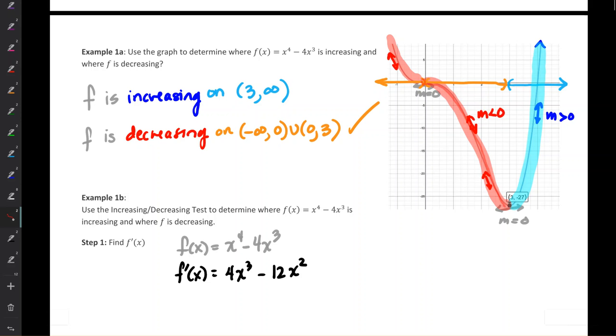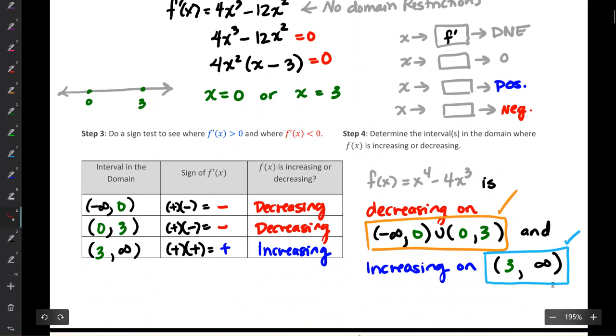If we didn't have the picture and we had done the increasing and decreasing test, right here at that critical point of x equals 0, we would see on either side of x equals 0 in the domain, my first derivative is negative on either side, meaning my function is decreasing on either side. Going from decreasing to decreasing isn't a max or a min.